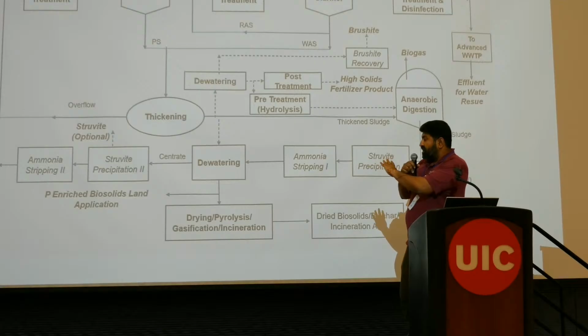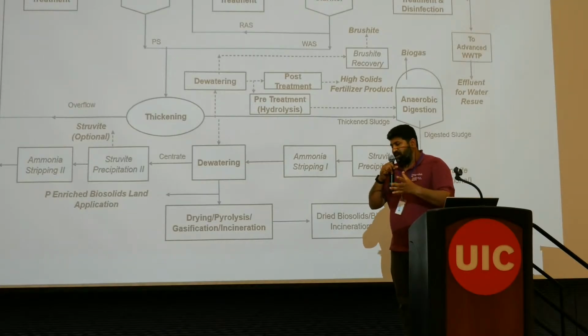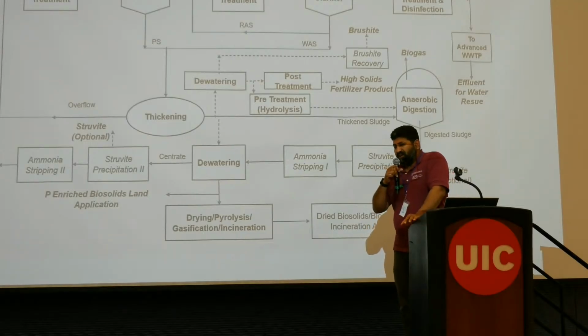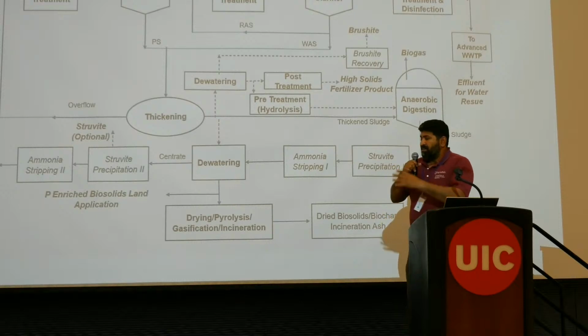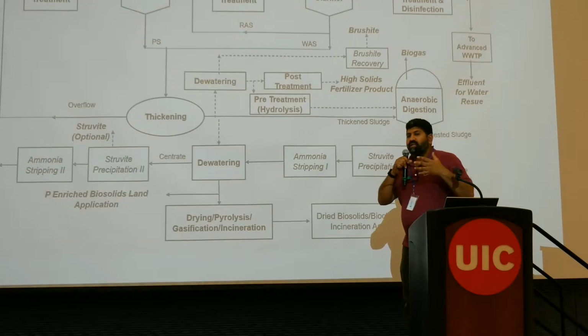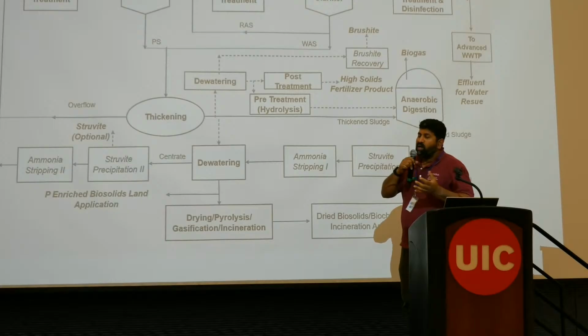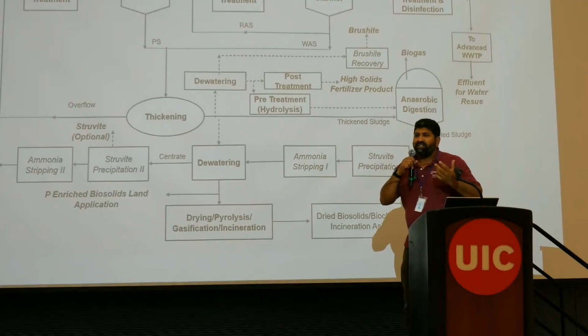There are a lot of innovations happening to increase the quality of the products coming out of the system, and a lot of competition among the different vendors providing it. But as a utility, one of the key elements you need to think about is how many dry tons of that product you will be generating, so that it makes more sense from a revenue generation standpoint.